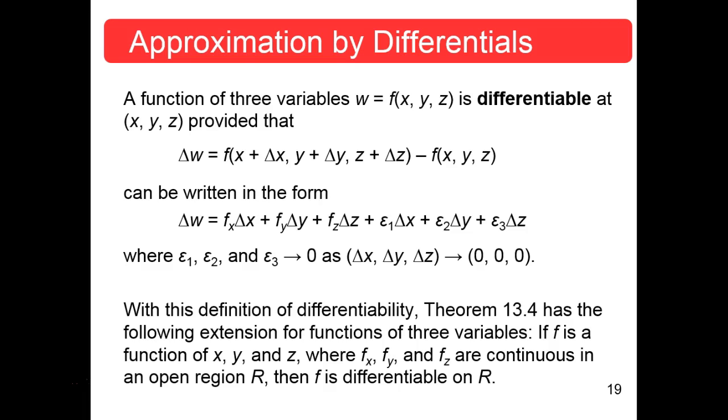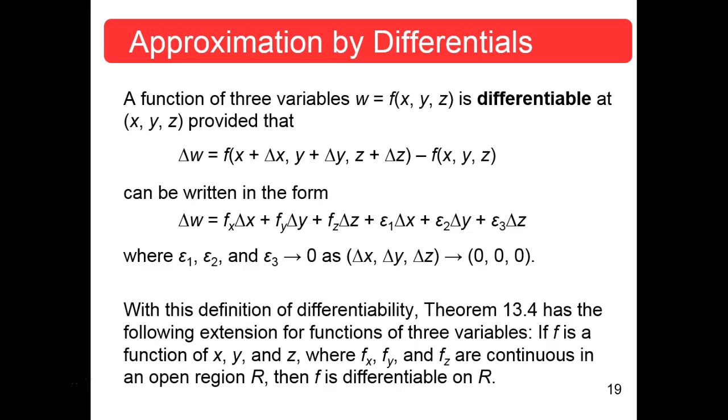That's your actual change in your w, evaluated at your original point and at your slightly changed point, and that should be able to be written in the form of partial of f with respect to x times delta x, partial of f with respect to y times delta y, partial of f with respect to z times delta z, plus some little error terms, where these errors all approach zero as the deltas also approach zero. Because as you get closer and closer, the errors should get smaller too.